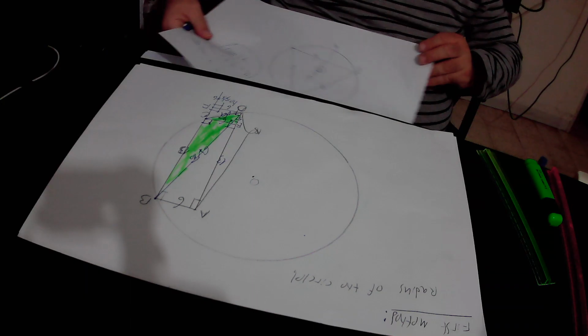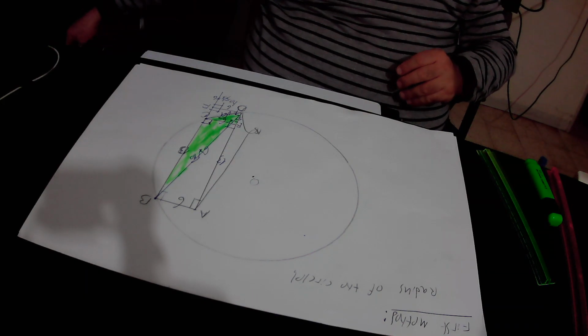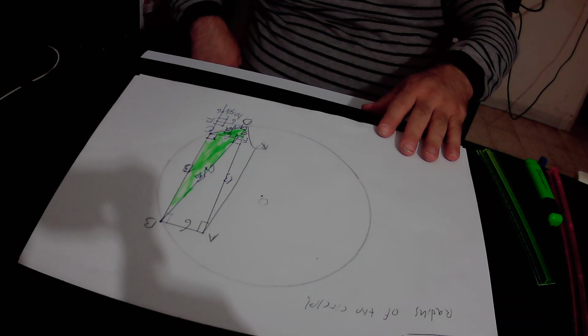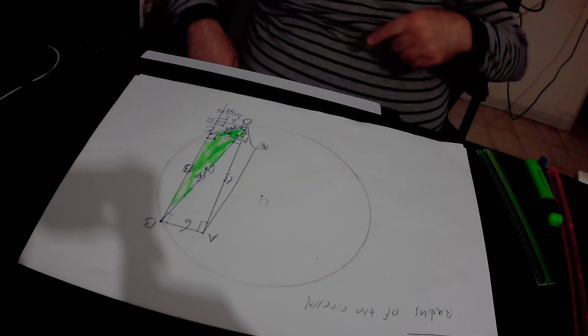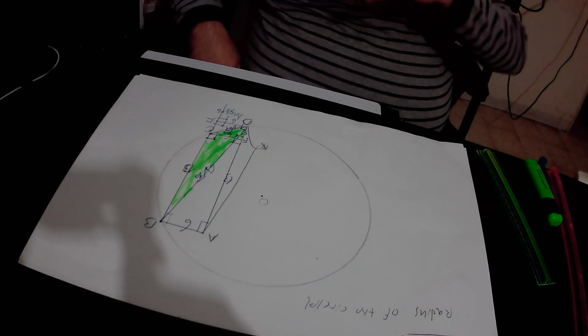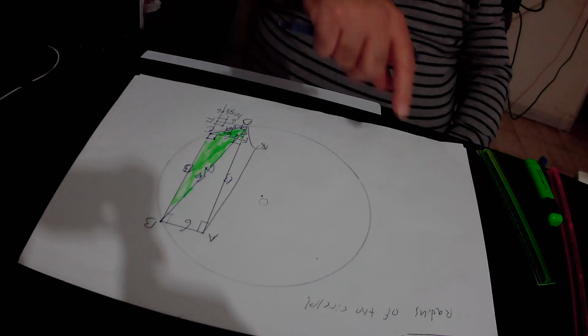Why? Because in our drawing we have the green triangle, triangle BDC, that is blocked by this circle. Why is the green triangle BDC blocked by this circle?